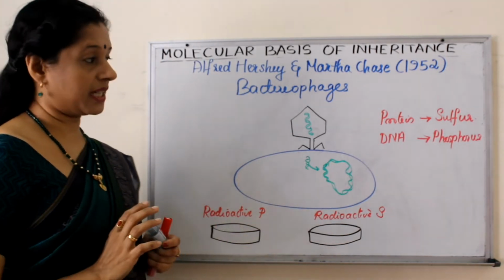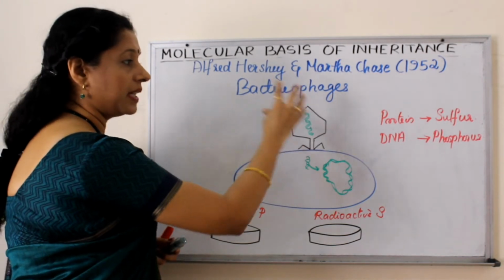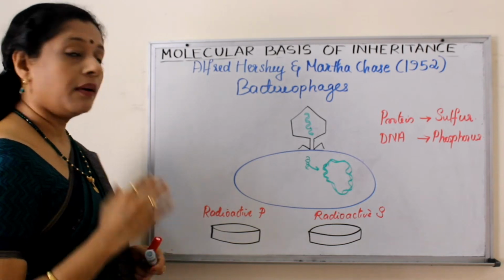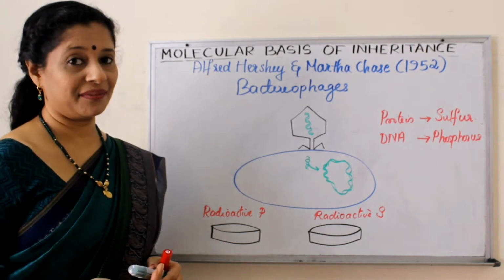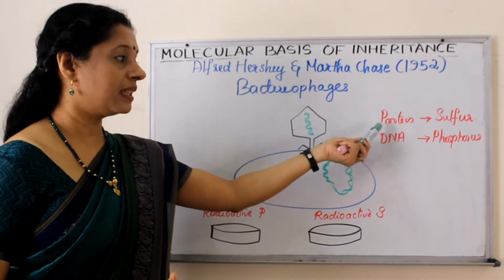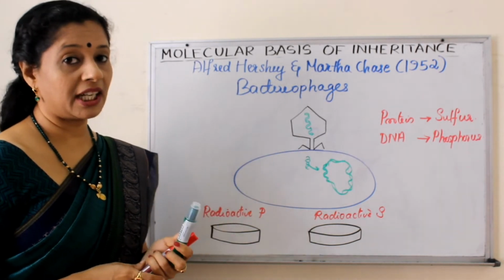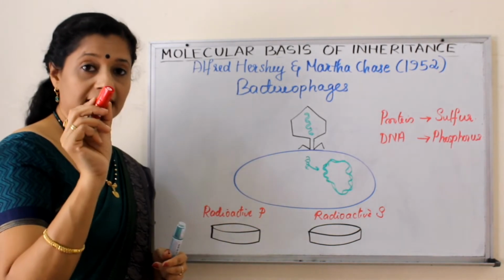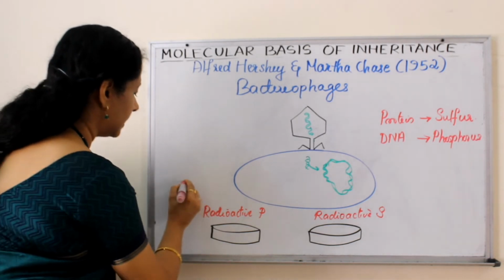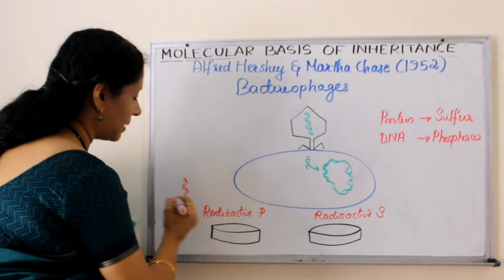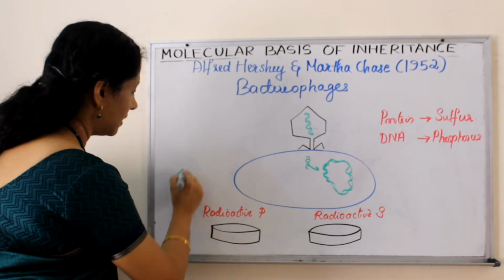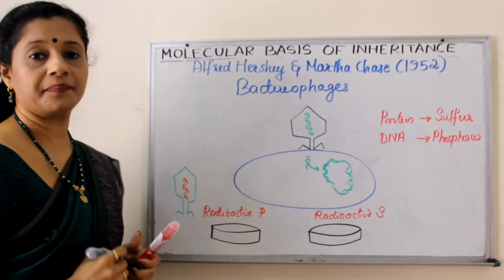So now we can imagine, if a bacteriophage is grown in radioactive phosphorus, which part will become radioactive? The DNA will become radioactive because DNA has phosphorus in it. I will use red color for radioactivity. So in this case, DNA became radioactive, but the protein coat is still normal.